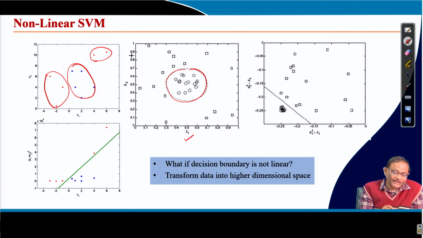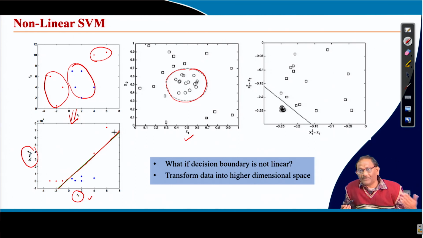For example, in this particular case, if we do some kind of transformation, that means first we take x1 as it is and create another variable x1 plus x2 to the power 4, and use x1 and x1 plus x2 to the power 4, you see that you are able to get a line which is linearly separating the two classes of observations.